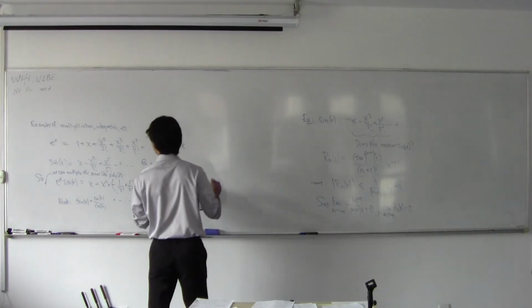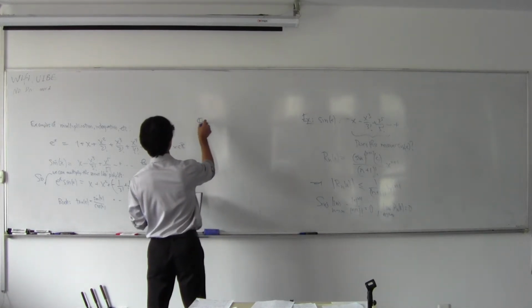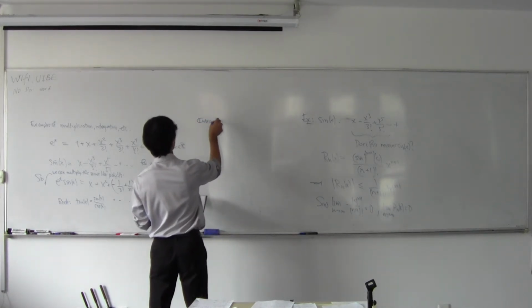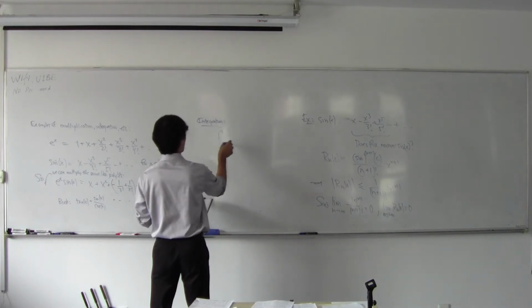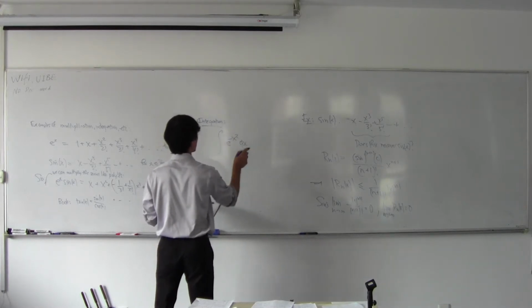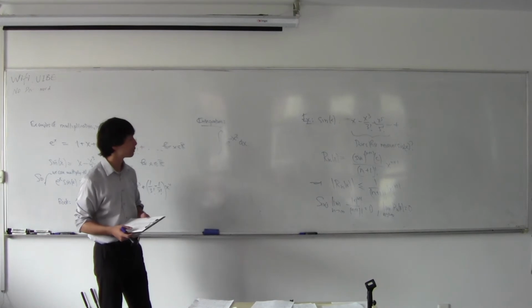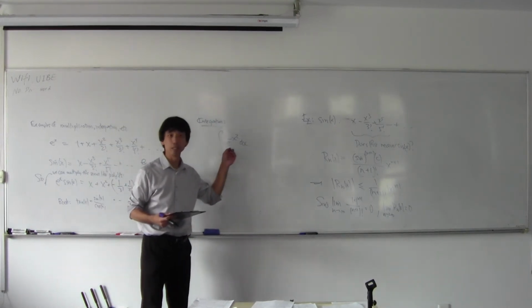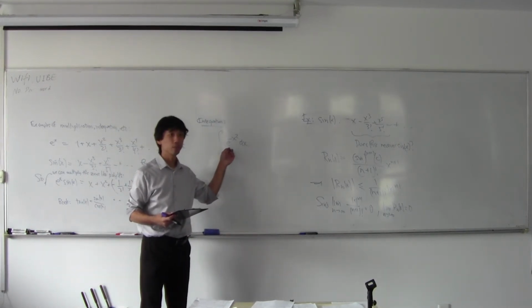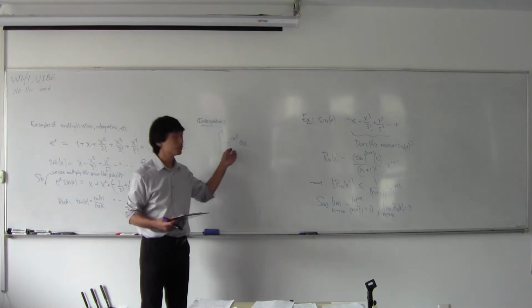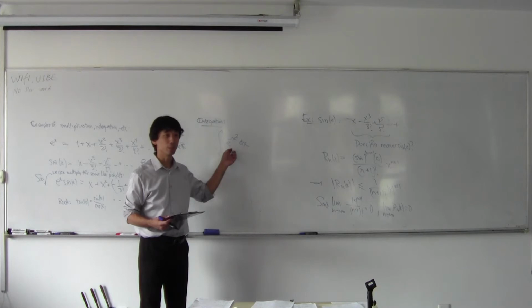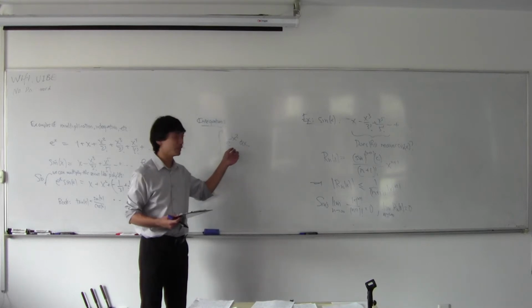Let me give another example, an integration example. The integral of e to the negative x squared dx, and this is also from your book actually. Can anyone do this using some trick? The answer is no. It's not so easy to do.